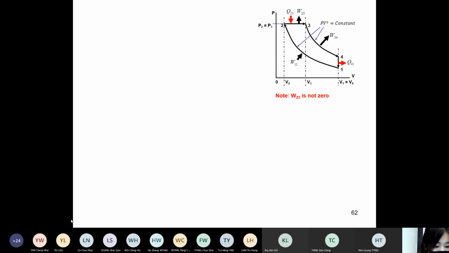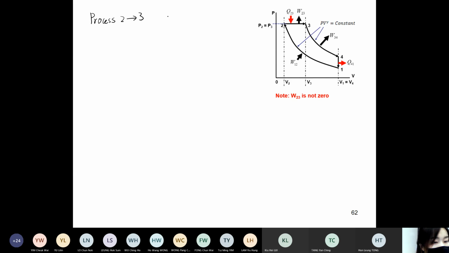Now, we are here: the constant pressure heat supply, process 2 to 3.